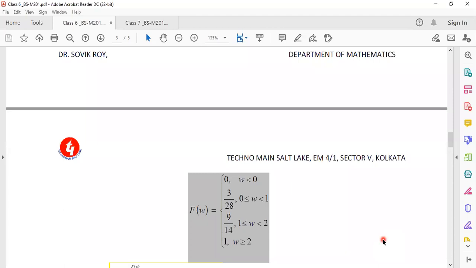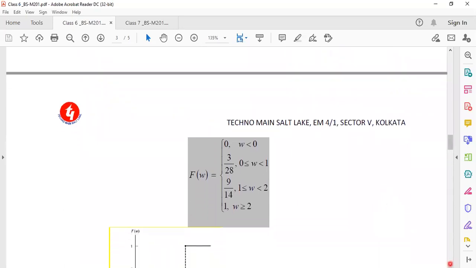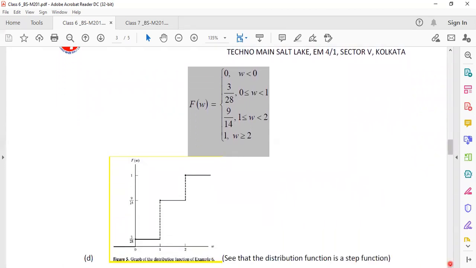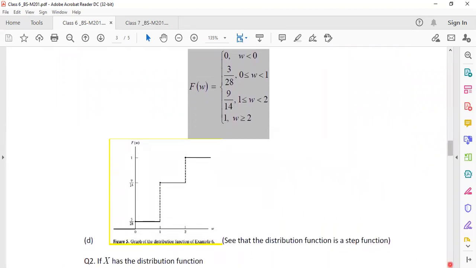The things will be more clear if I plot the distribution function in the following manner. In this graph, on the horizontal axis, we have placed the variable W, and on the vertical axis, we have placed the function FW. Now look at the function.